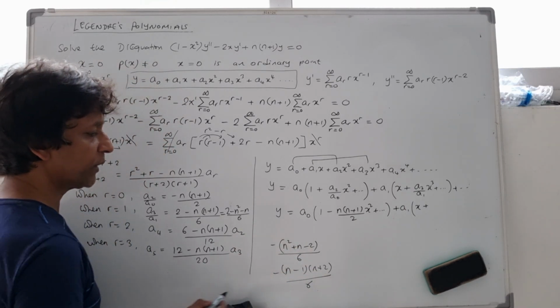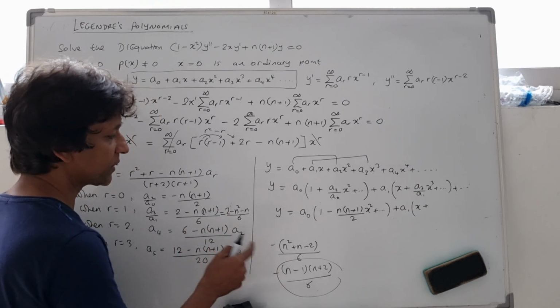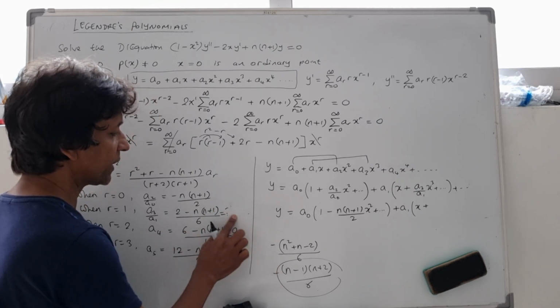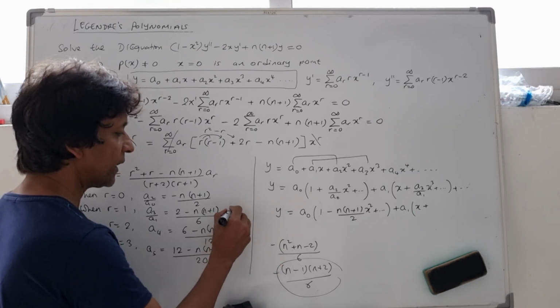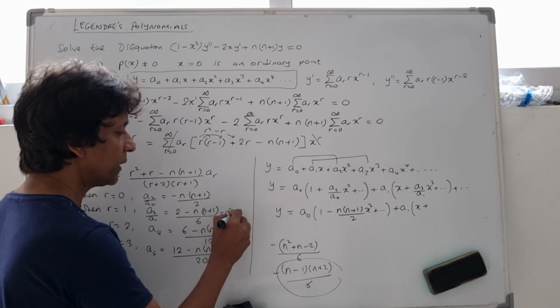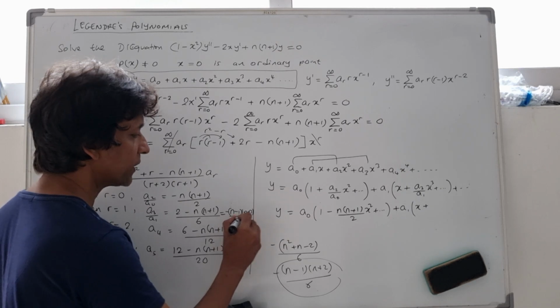So basically what we're looking at is this. This is very important. That is the equivalent of this. So I'm going to wipe this clean now, and I'm going to put n minus 1 into n plus 2 over 6.